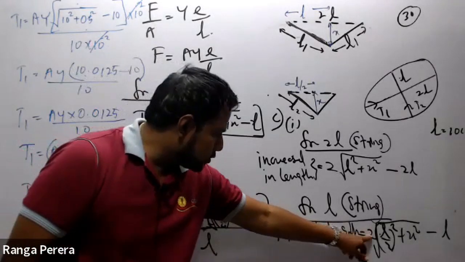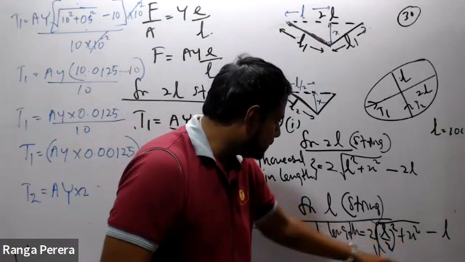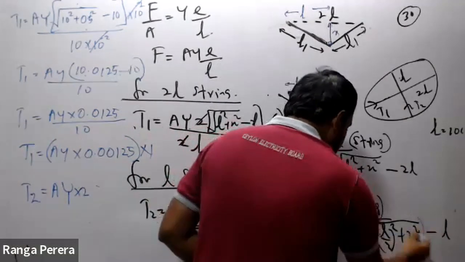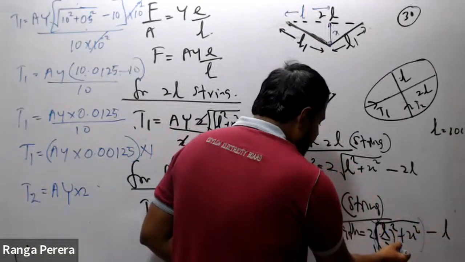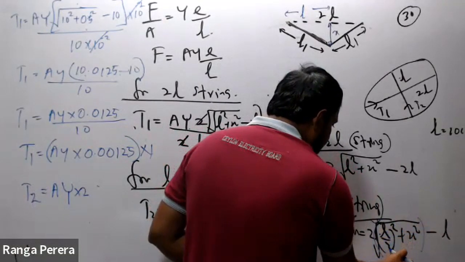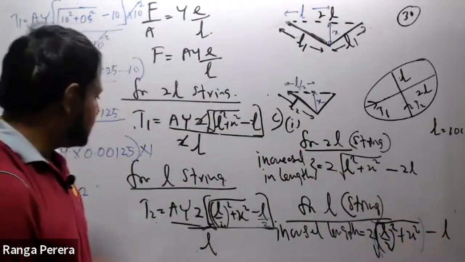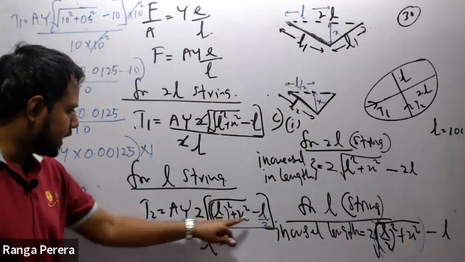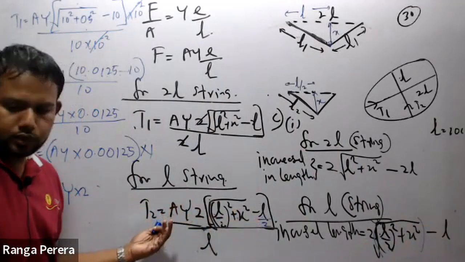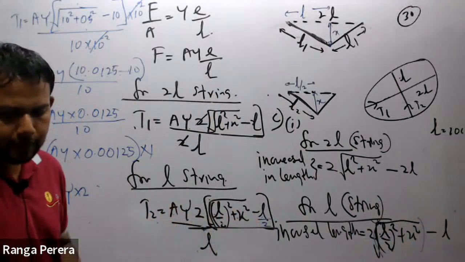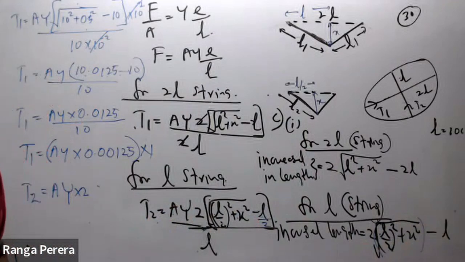The increased length is 2 times root of ((L divided by 2) squared plus x squared) minus L. So I should take L by 2 if I take 2 out. Can you understand that simplification, Lamai?